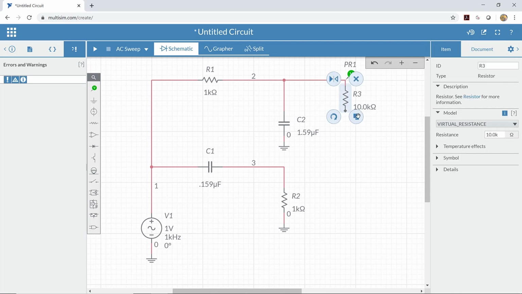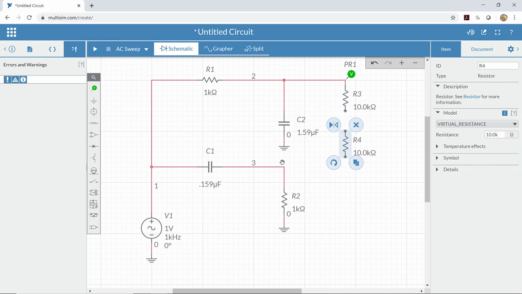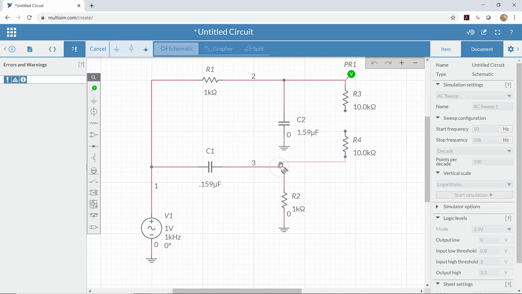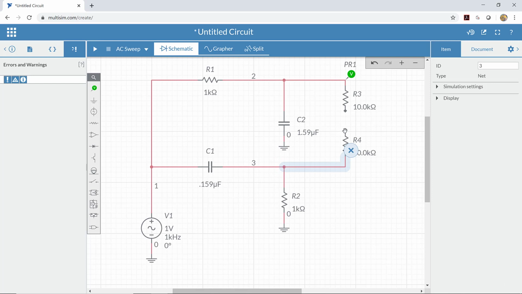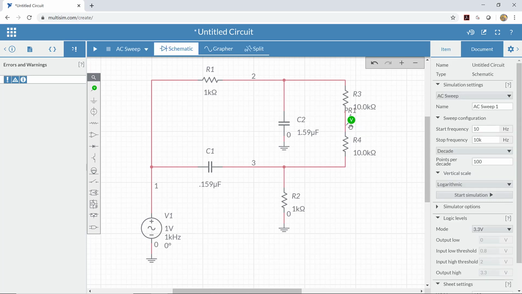Then I'm going to copy it and put another one right there, and connect that to the output. All right, so now these two outputs have been connected with resistors, and we're going to put the voltage probe right in the middle.